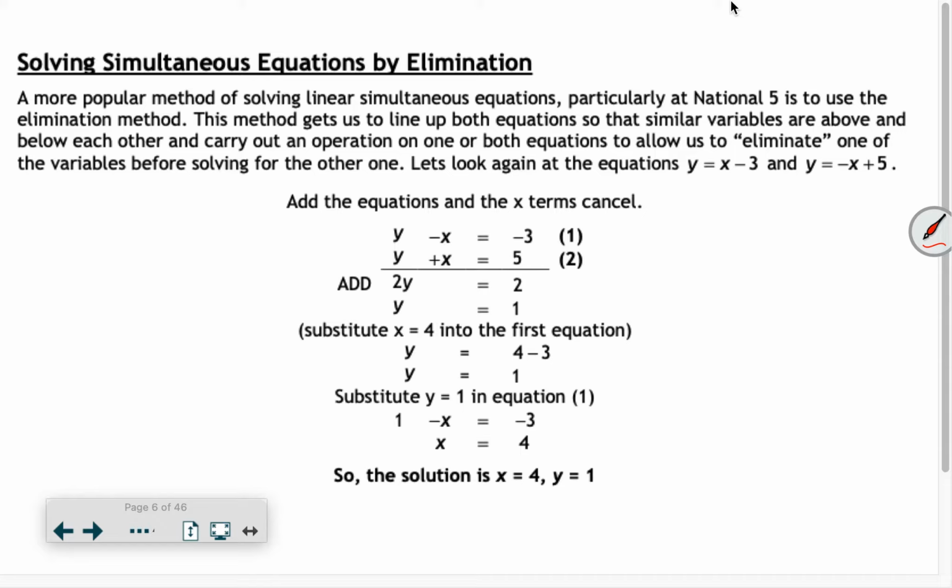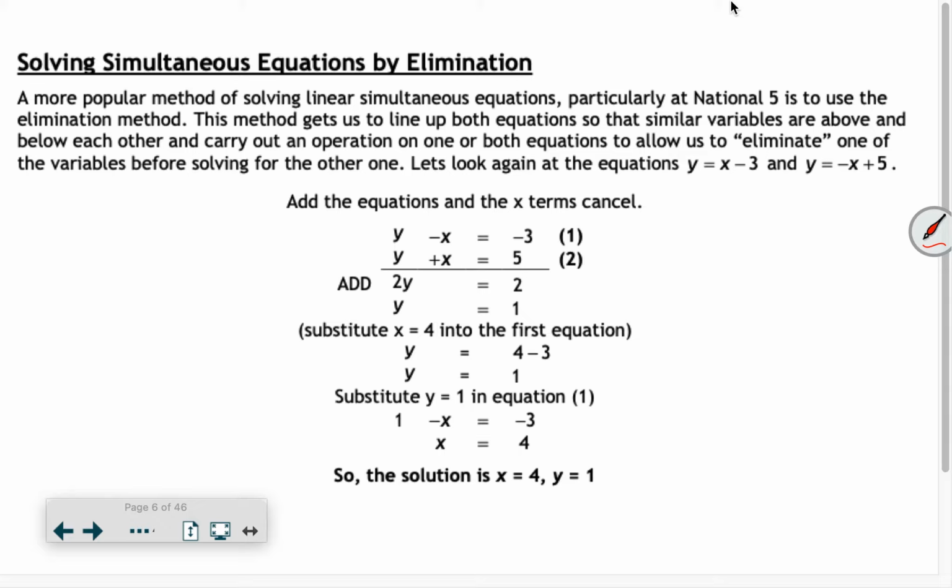What we then do is, to allow us to solve these, you want to eliminate the variables. And you eliminate the variables either by adding or subtracting the two equations together. To allow this to happen, what you want is to have the same number, the same digit of variable.